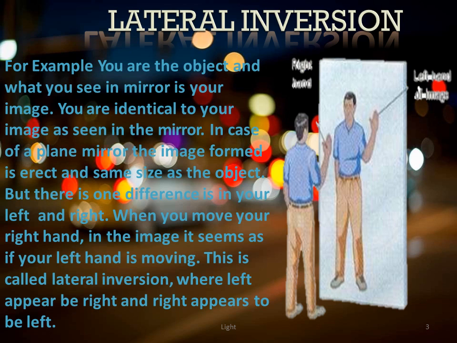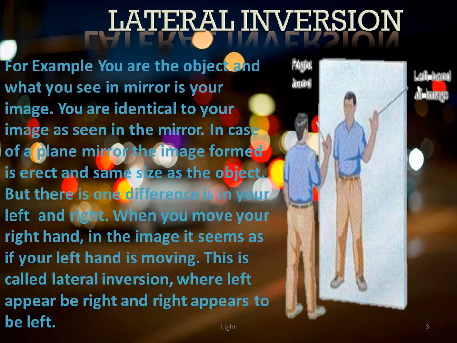All others are the same, the height and the size of the image formed are equal, but the only difference is left and right. This is called lateral inversion, where left appears to be right and right appears to be left. When the object moves its right hand, the image will move its left hand.